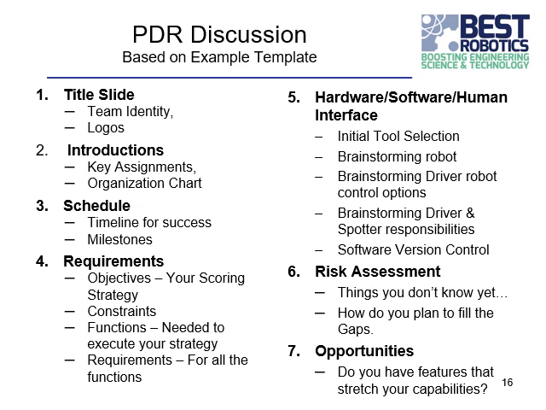And then number 5 is where you start talking about hardware, software, and human interfaces, where we talked about drivers and spotters, the software through the joystick talking to your robot, and then the actual physical wood, pipes, electronics also.